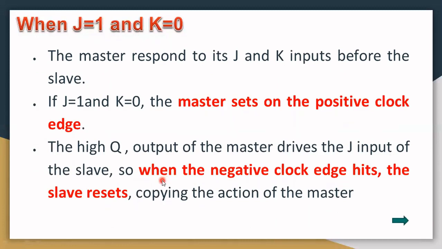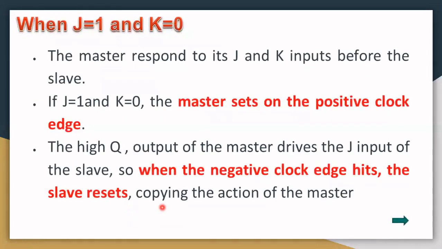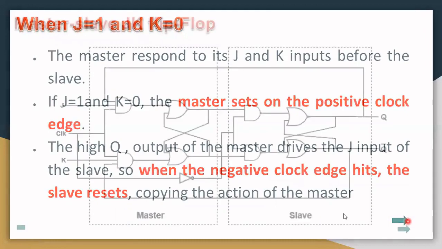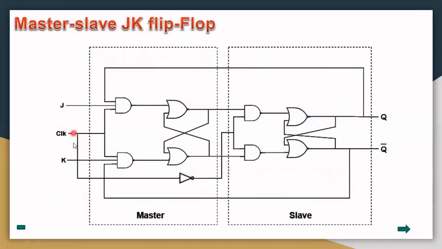So when the negative clock edge hits, the slave sets, copying the action of the master. So when J is equal to 1 and K is equal to 0, this JK flip-flop will be in the set state and we will get Q is equal to 1 and Q dash is equal to 0.